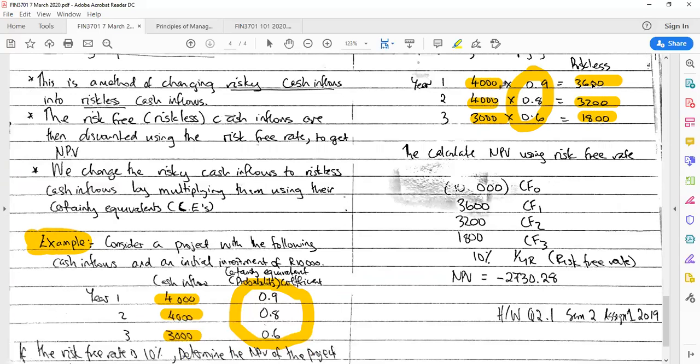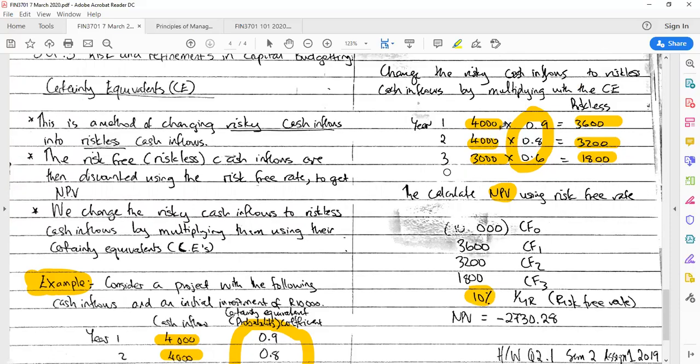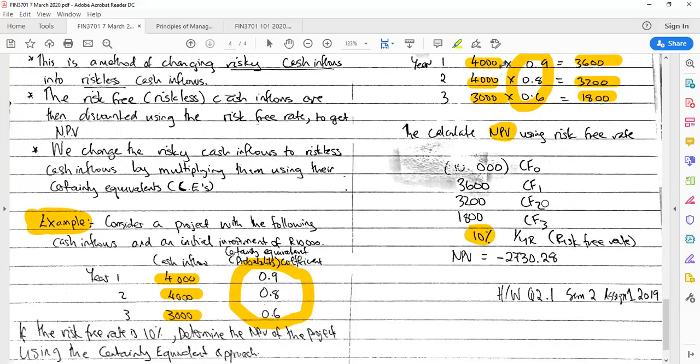We then calculate the NPV of these riskless cash inflows using the risk-free rate of 10%. Again, try to put this calculation into your calculator, starting with a negative 10,000, and then enter in these cash flows and see if you get this answer of minus 2,730. So it would mean, based on the certainty equivalent approach, we would not accept the project because it has a negative NPV.